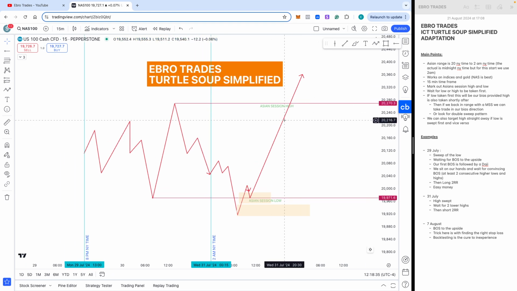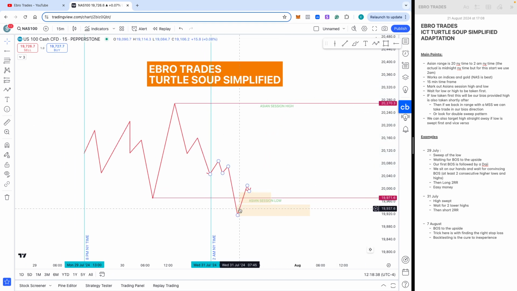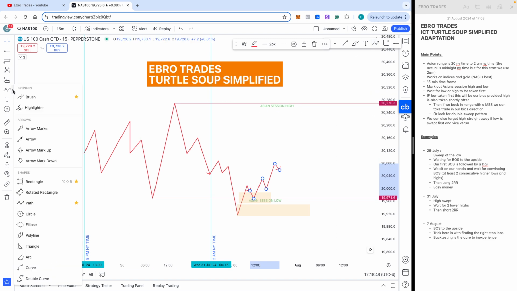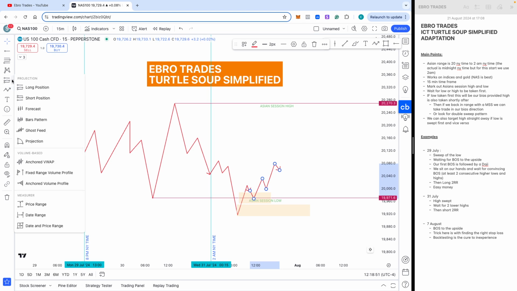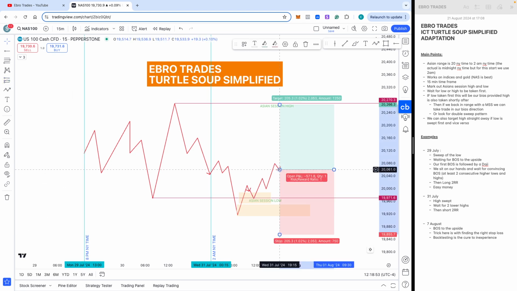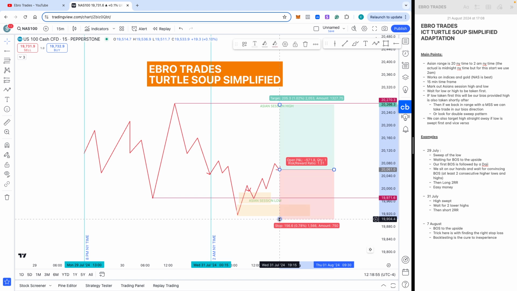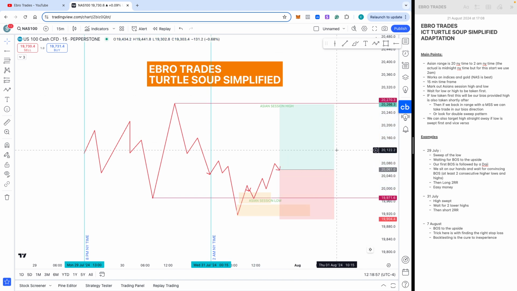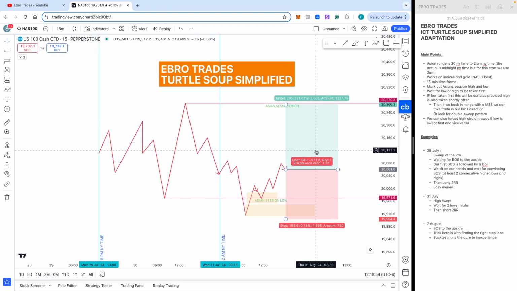Or if I see that the low is swept and then price starts forming a series of consecutive higher highs, I could also enter straight off of that. So if I see convincing motion towards the opposite liquidity level for the Asian session, I would also take a trade based off of that. And I hope that makes sense.